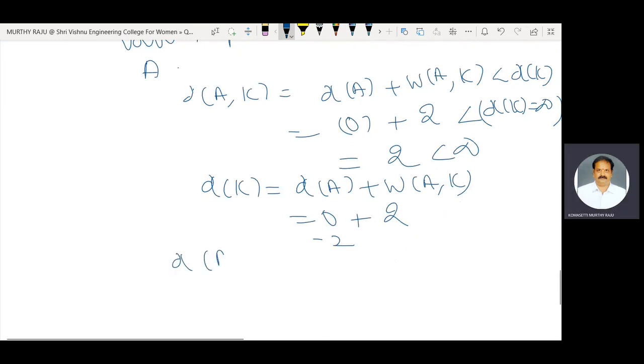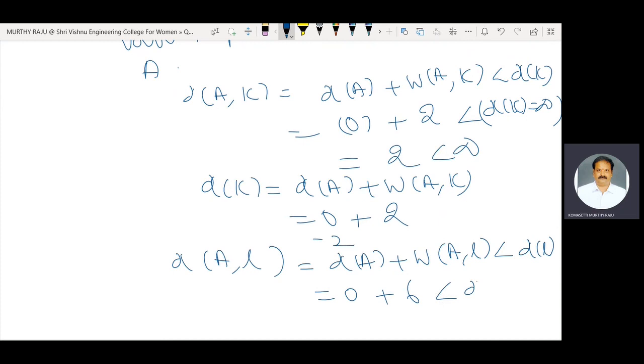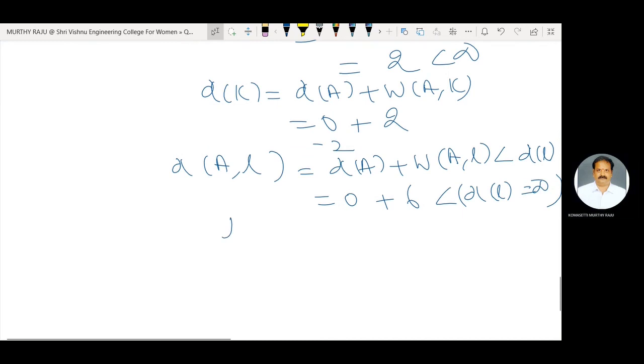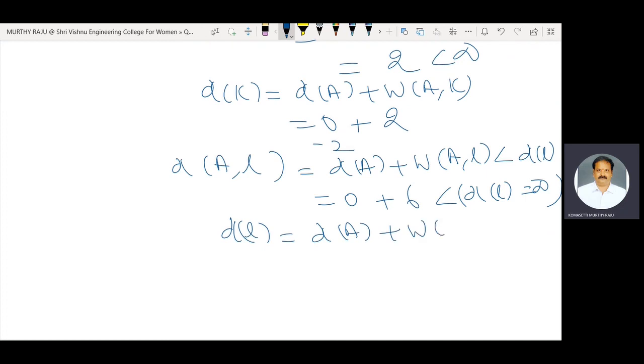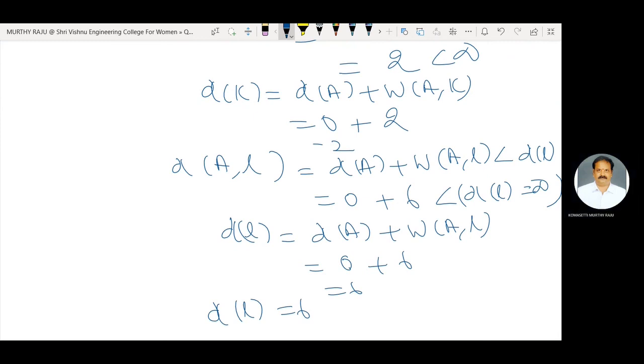Next, D of A plus weight of A comma L, 6, is less than D of L, which is infinity. Therefore D of L is equal to D of A plus weight of A comma L, which is 6. D of L is equal to 6. This is how we update the distance values of all adjacent nodes of A.